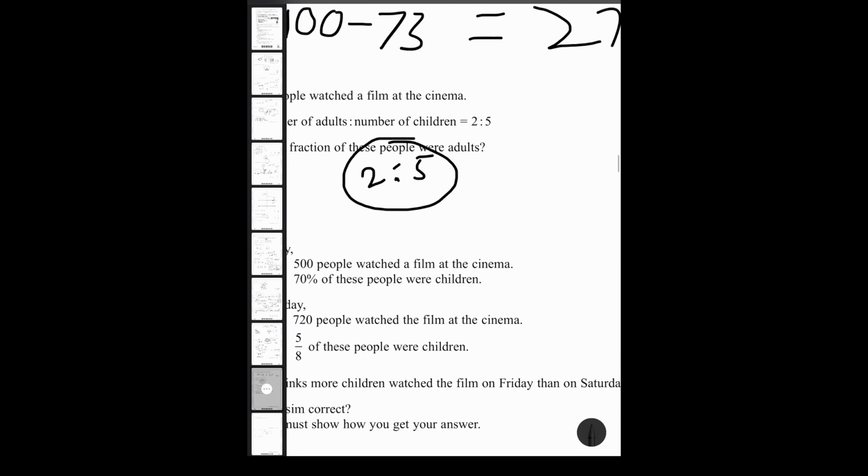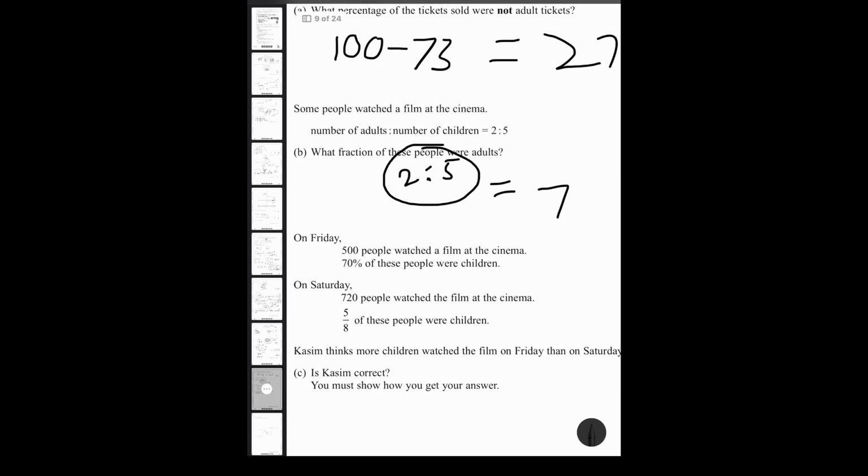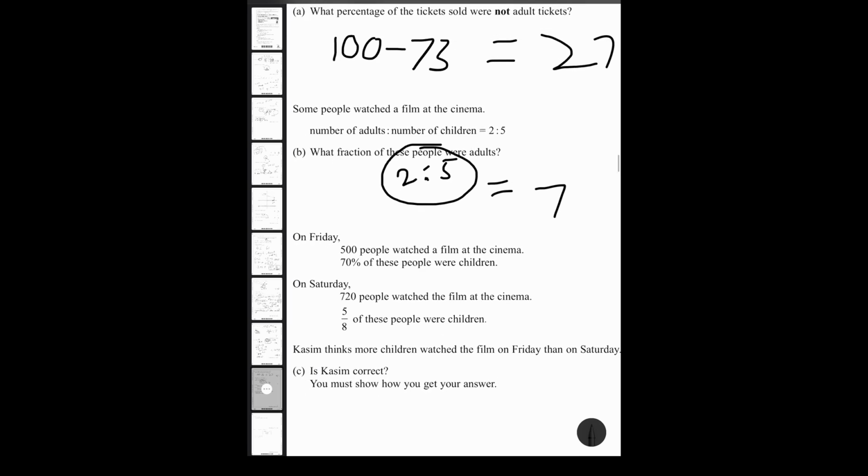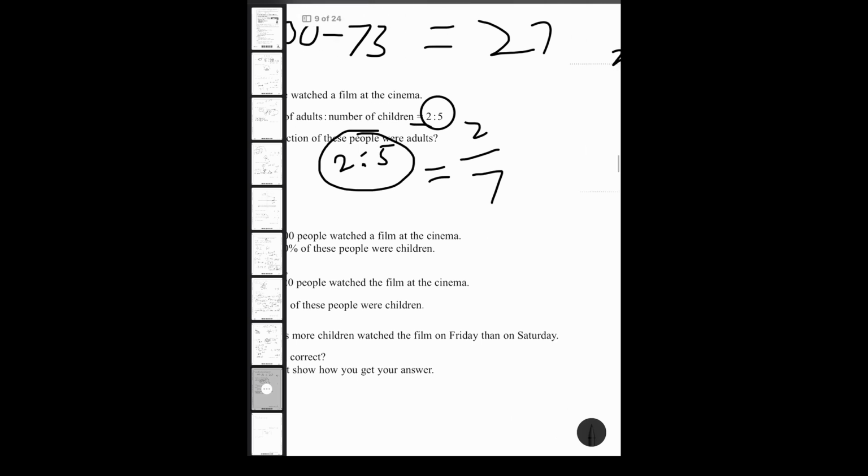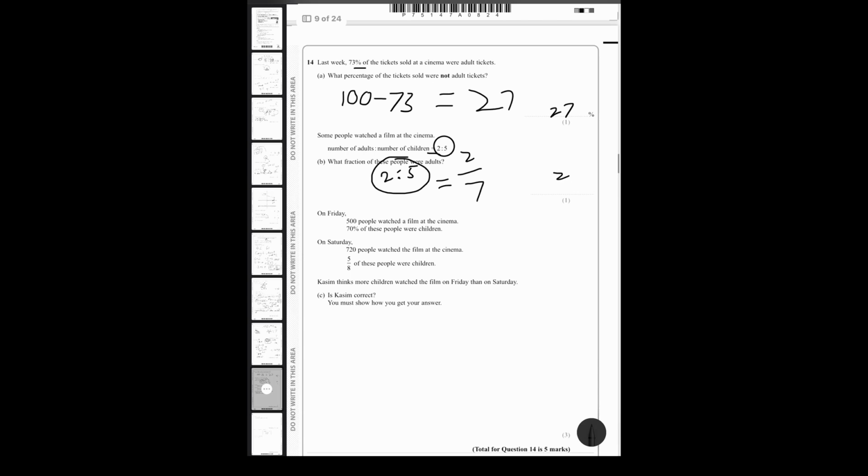If you add these two numbers together, there's 7 in total in the group. So adults is 2 out of this whole 7, which means 2 over 7.